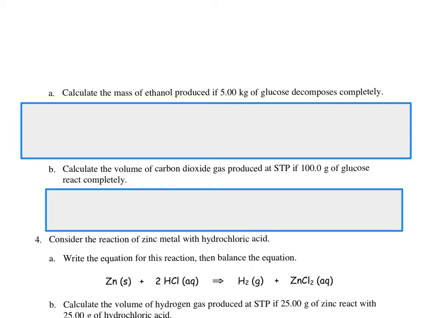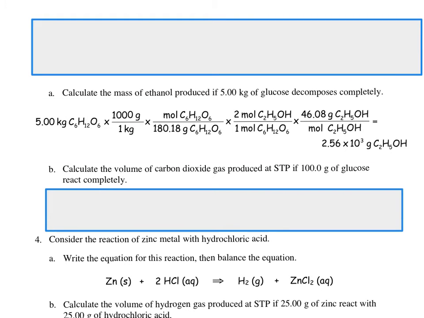So the next part of the question is asking what mass of ethanol would be produced if we started off with 5 kilograms of glucose and it ferments completely. So we're given a mass, and it's asking for a mass, so that's a mass-to-mass stoichiometry problem if you're using the roadmap.